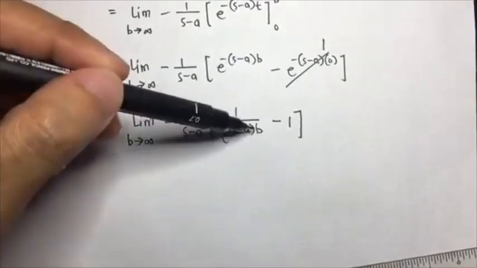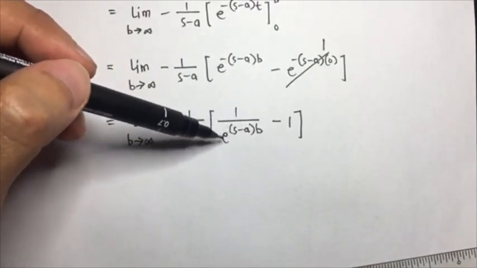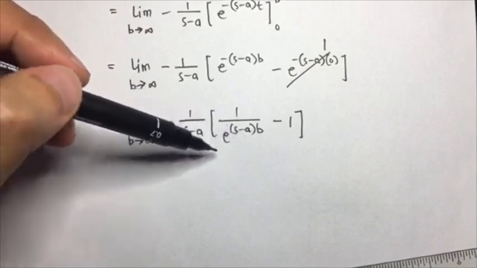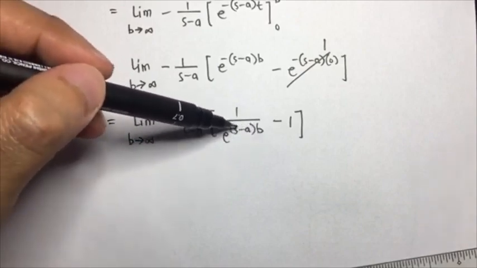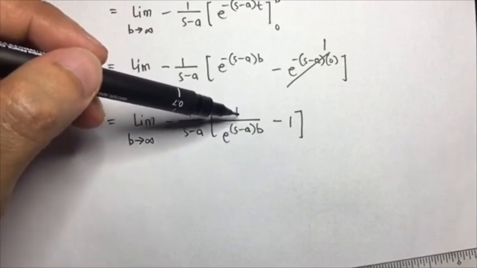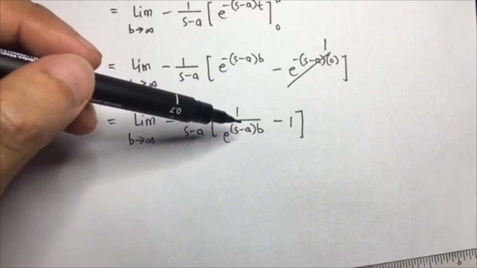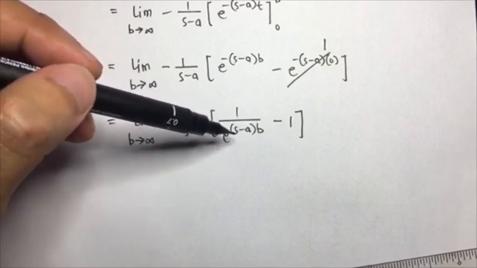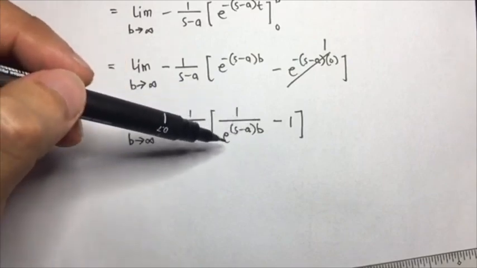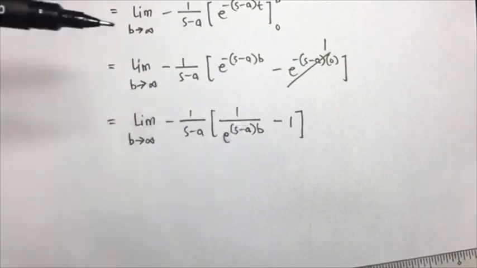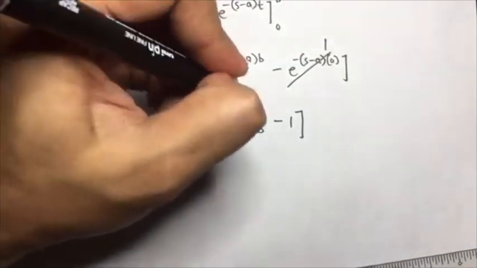If b approaches infinity, the denominator becomes e raised to infinity, and e raised to infinity is equal to infinity. Then 1 over infinity, its limit approaches 0.